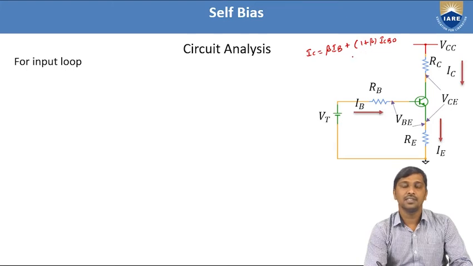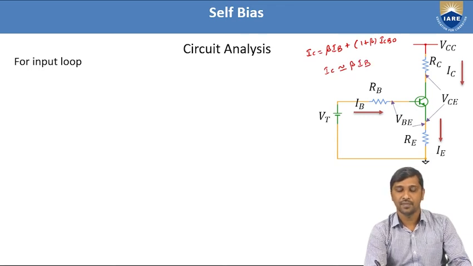The reverse saturation current is always much less than 1. Hence, IC is approximately equal to beta times IB.